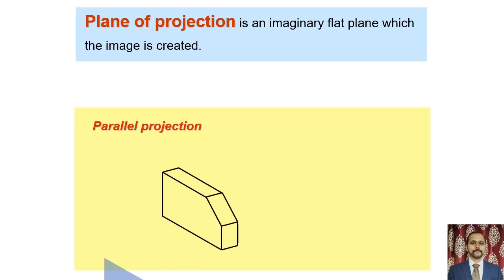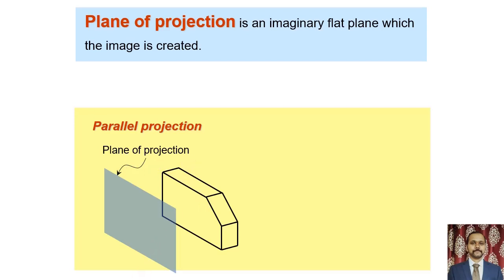This is the plane of projection: whatever rays come from the object fall on one plane. That plane gives you the idea, or we can say the drawing, of that object. That is why the plane of projection is very important.